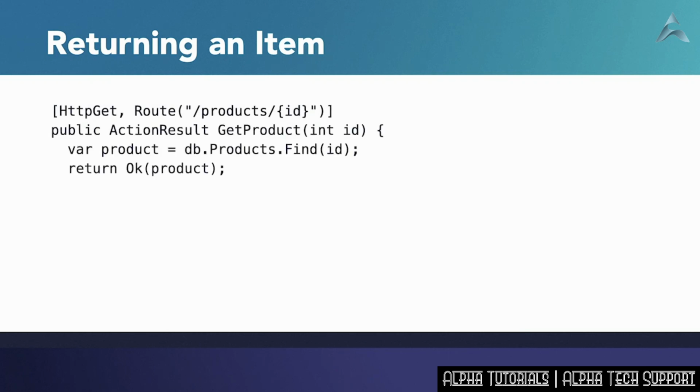So we are using the HTTP GET attribute. Also, we are providing a route, for instance, /products/ and then the placeholder in curly braces, like ID. So when calling /product/42, ID is 42, so the getProduct action method we are implementing receives the ID parameter and then can use this to find the product of choice.